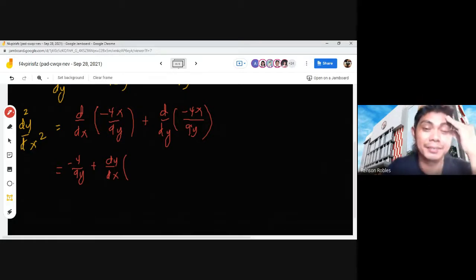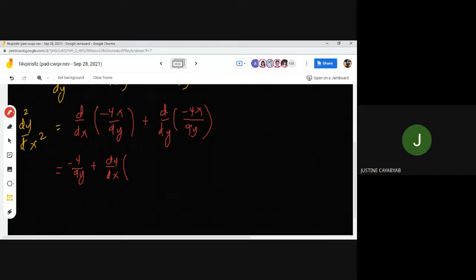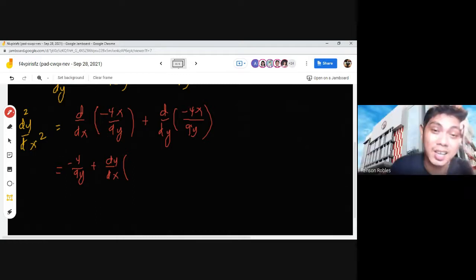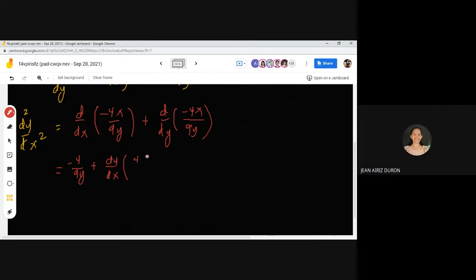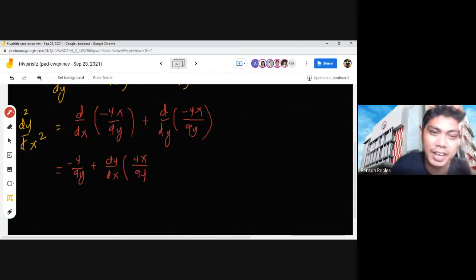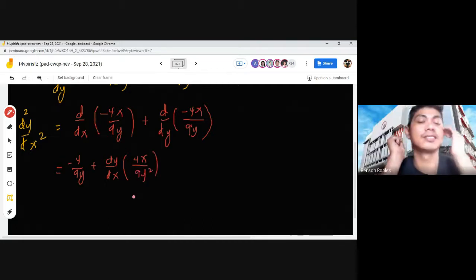In terms of y. Negative 4x over 9, negative 4x over y over 9. One more. 4x over 9y squared po. That is 4x over 9y squared, all over 9y squared. Right?